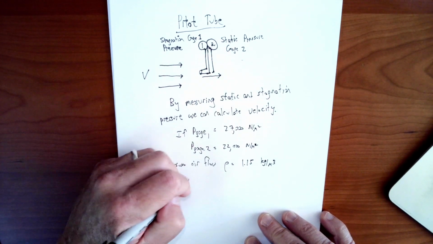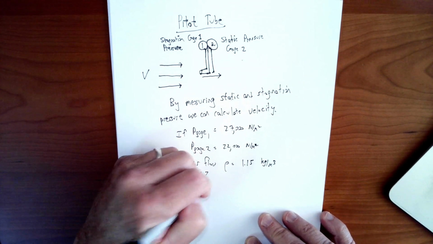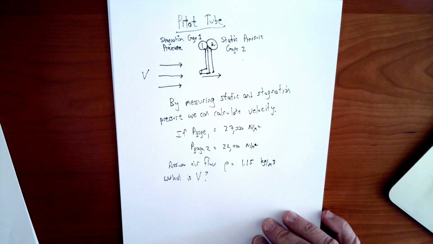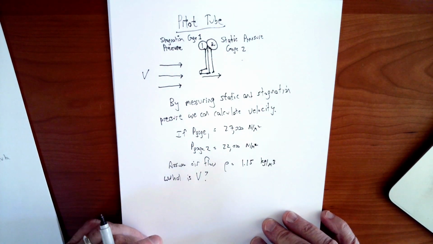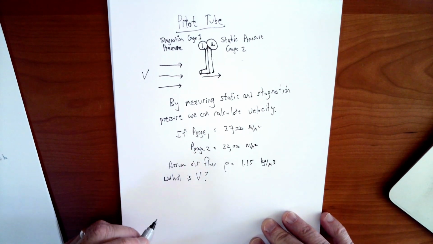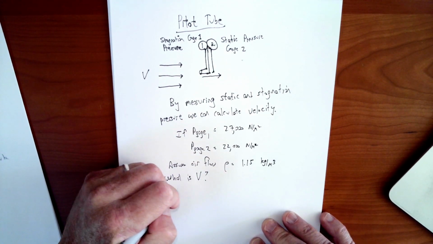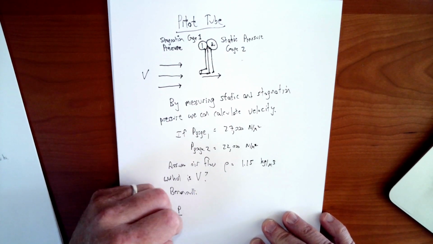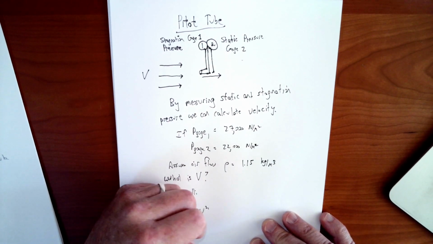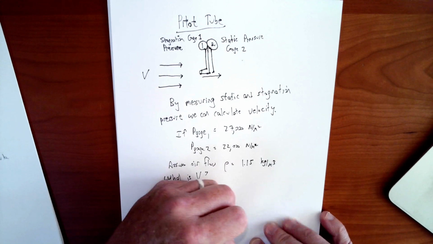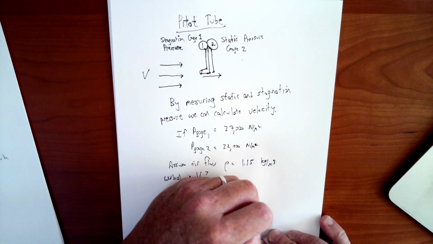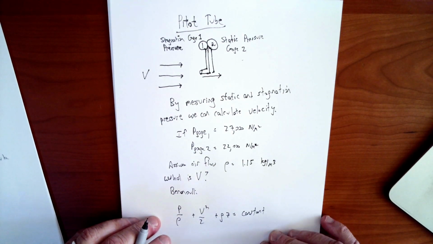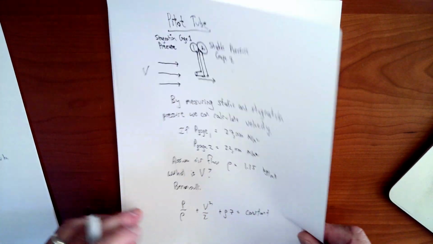What is the velocity here? This is an old technique that's still in use sometimes to measure fluid velocities. It makes use of the Bernoulli equation. So here comes the Bernoulli equation: P over rho plus V squared over 2 plus gZ is going to equal a constant. In this case, we're going to set that equal for flow situations 1 and 2.